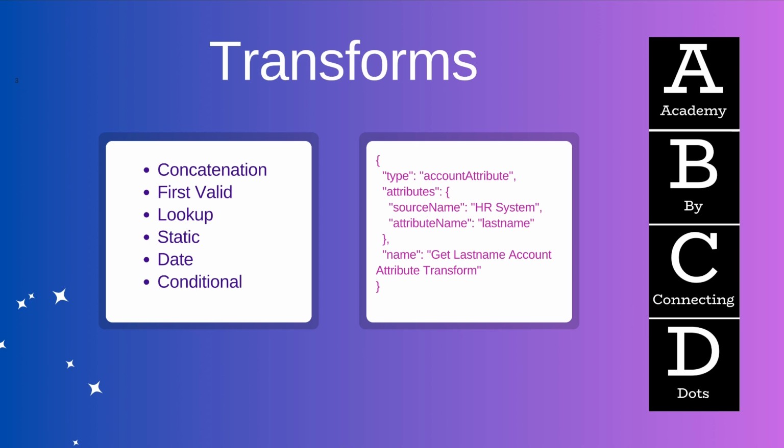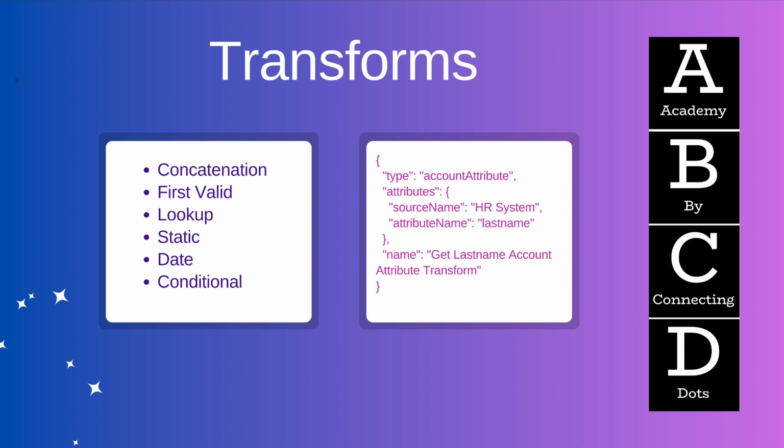Lookup, if you want to have a lookup table for some data. Static, it's a very good transform. Date operations, you can compare the dates, you can convert one date format to another date format, you can add the dates or subtract the dates, everything you can do using date transforms. Conditional transforms, if you want to check with some conditions.